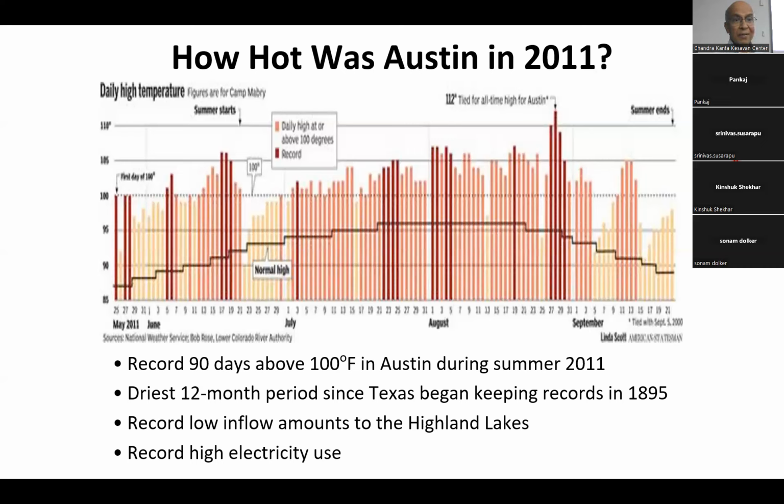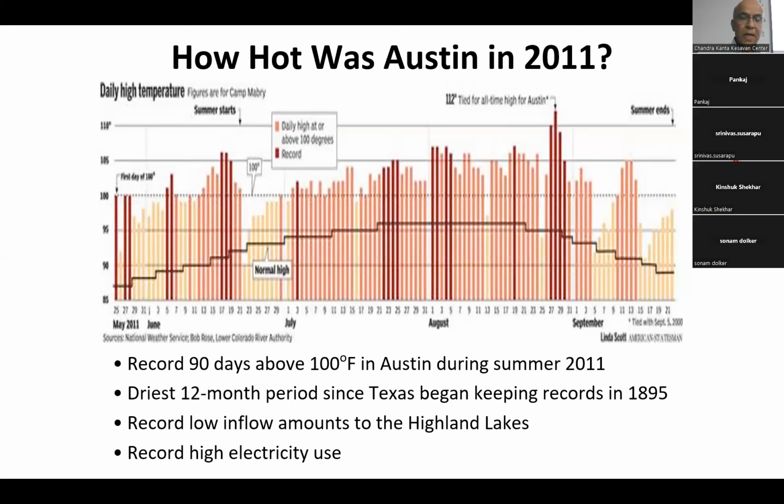But in 2011, the hottest year, we had 90 days, which means three months over that high temperature. And it was the driest 12-month period since Texas began keeping records 128 years ago.